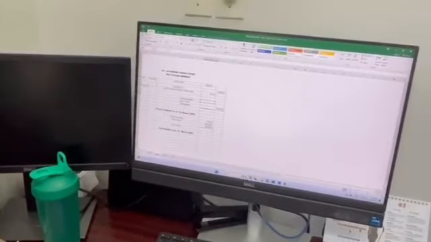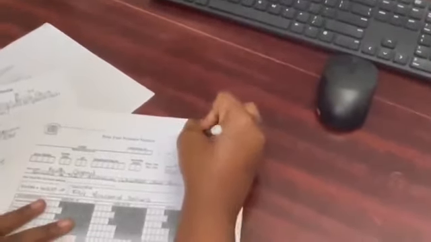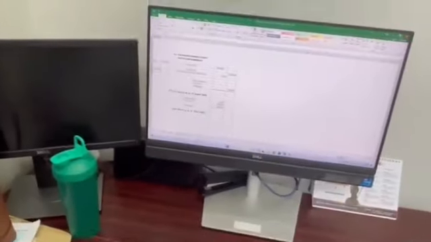Okay, so after this is done, I insert it on the spreadsheet. Yes. Or I would have to number my voucher also. So since you did one, this will be voucher number 2.